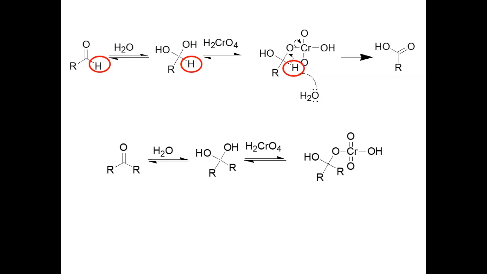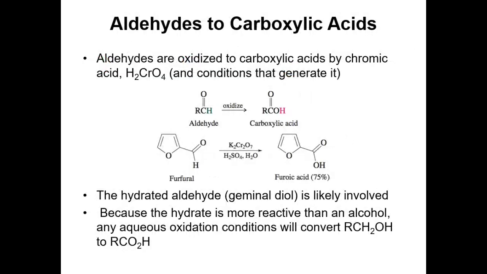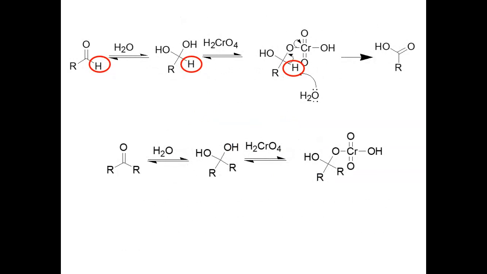When you treat aldehyde with chromic acid, obviously it's a highly acidic environment, so the hydration itself will be catalyzed by acid. If you have aldehyde in the presence of water, you are quickly in equilibrium with its hydrate. The hydrate is a diol, and this equilibrium constant is close to 1, so the formation is not that difficult.